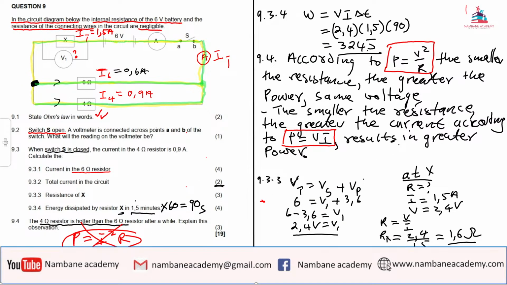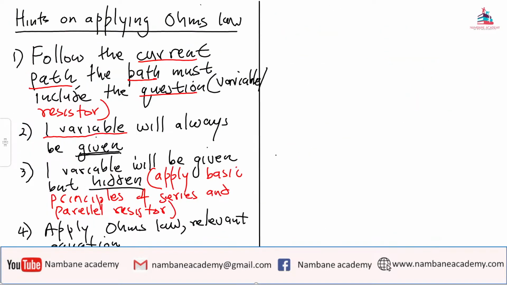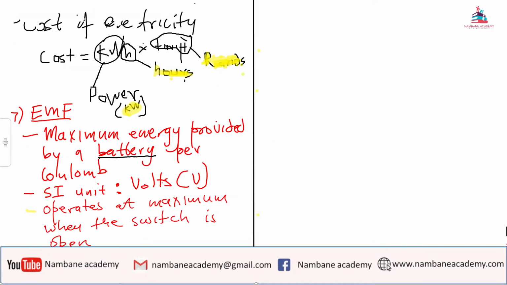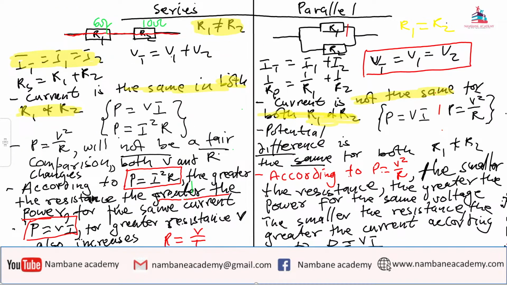The examiner is actually asking this. Allow me to go back. The examiner is actually asking about this. I'm going to edit it in purple or pink, just remember. This I am going to call the 3 ohm.